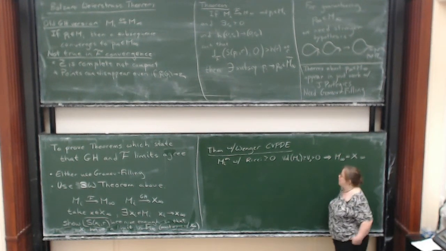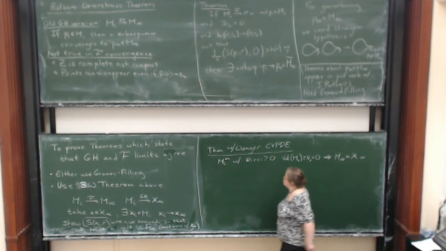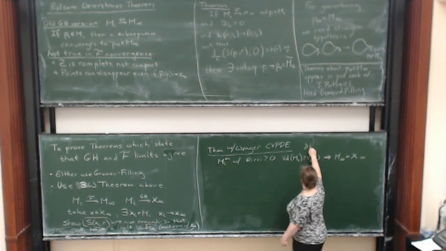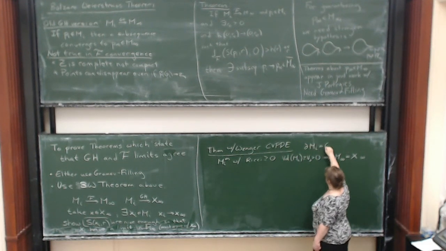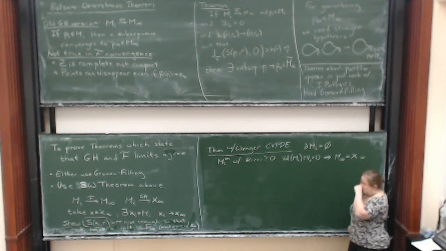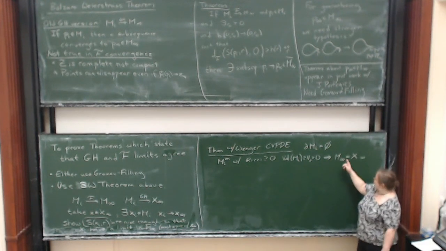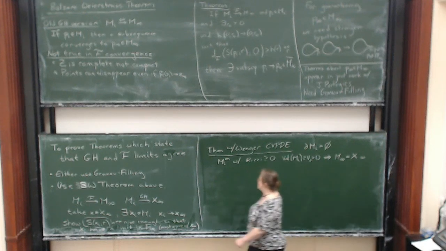Okay? And these guys have no boundary. Okay, so that's the earliest one of this kind of theorem, that we show that the flat limit and the Gromov-Hausdorff limit agree.